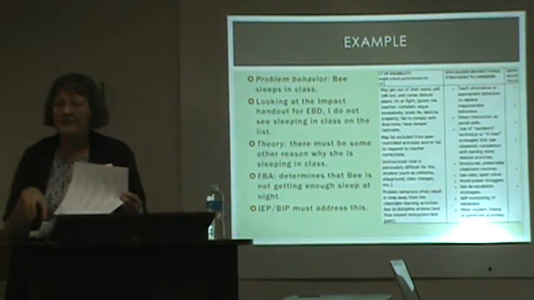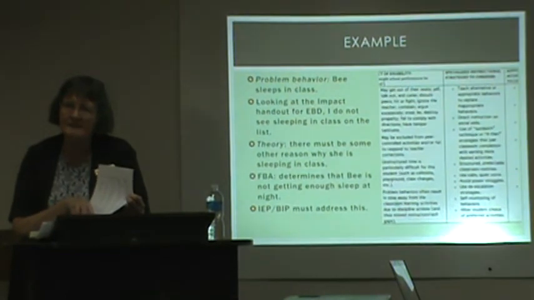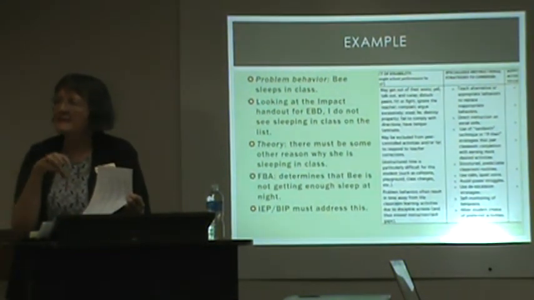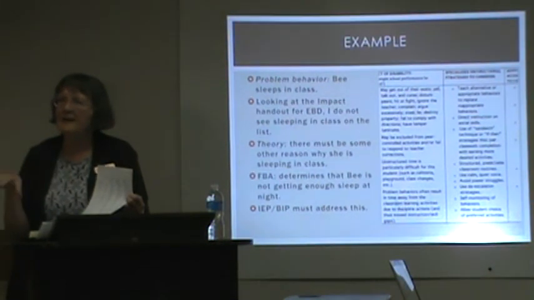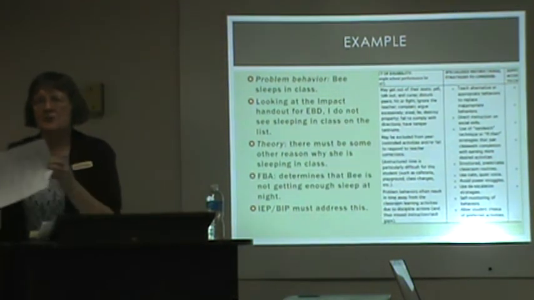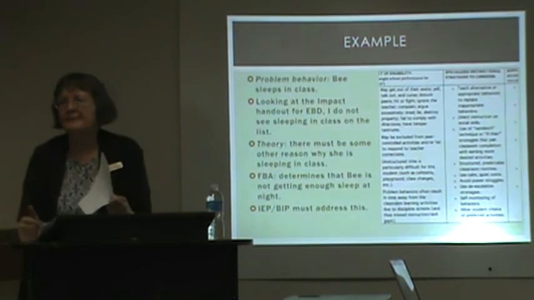So you need to have a clear understanding of what their true disability is, what the characteristics related to that disability are, and the impact of that, so you can figure out why they're doing some of the things they do. Is it their disability, or is it something else that I need to address?